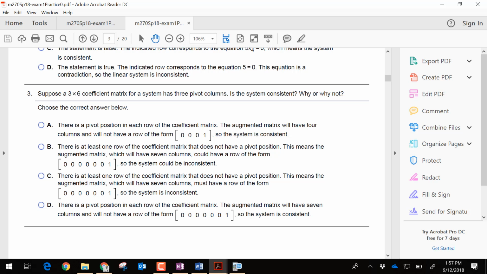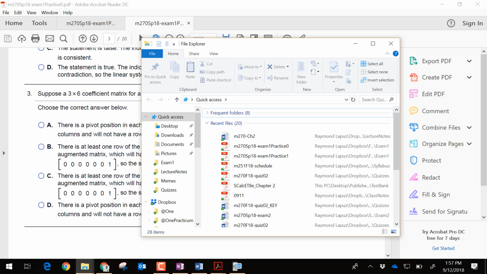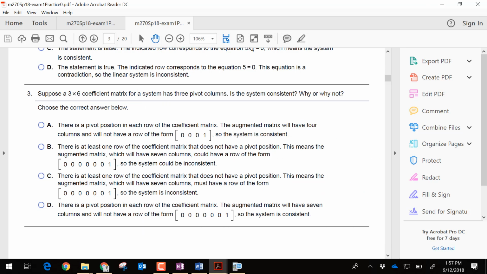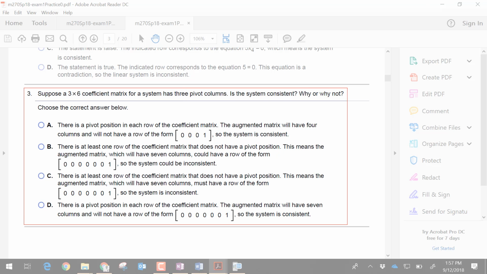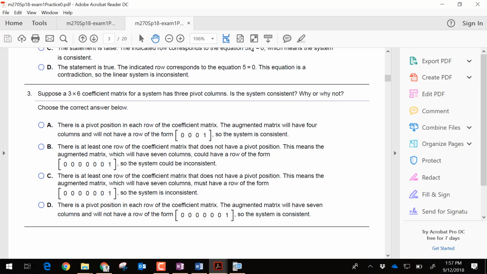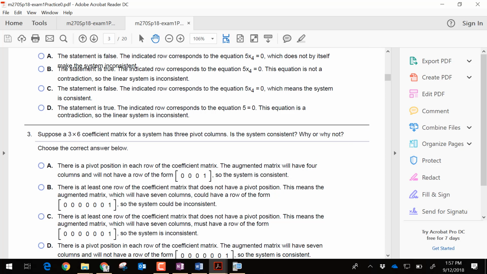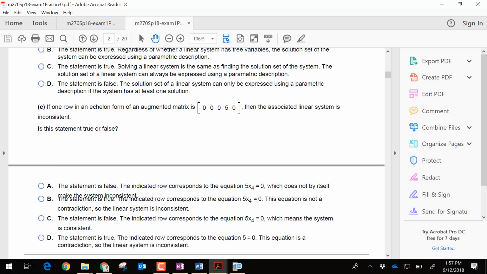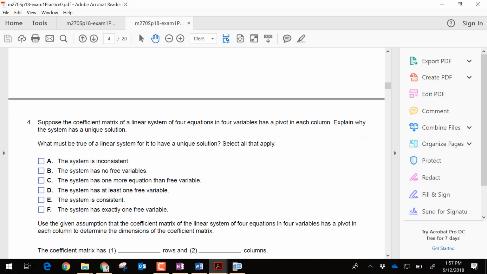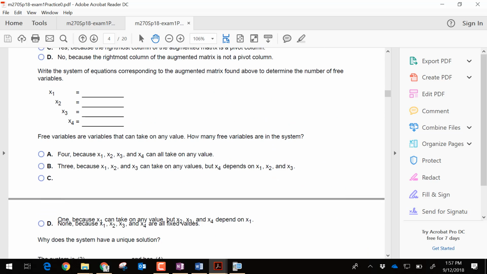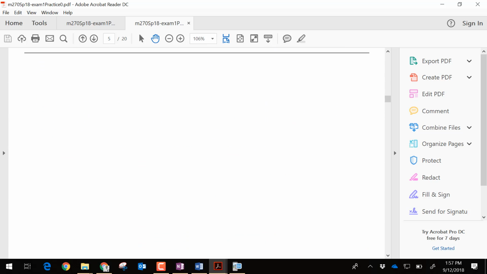So maybe we'll try one of these real quick. Oops, what happened? Actually, there's 4 here. This isn't true false. Where's the true false?